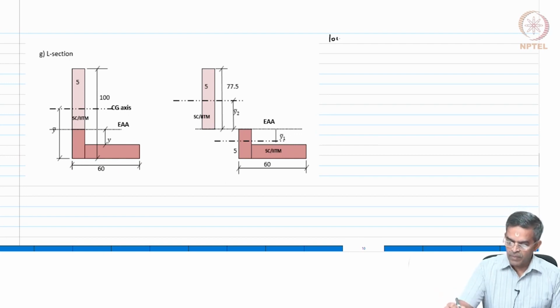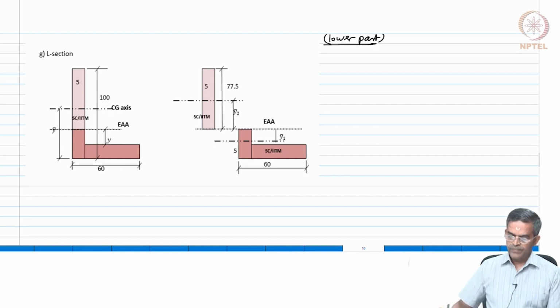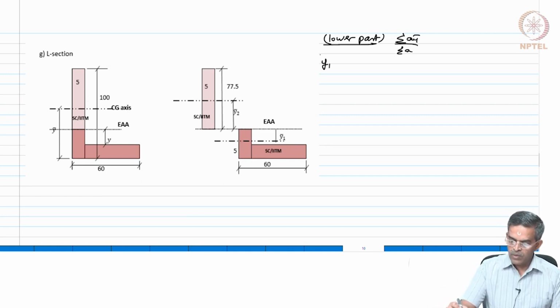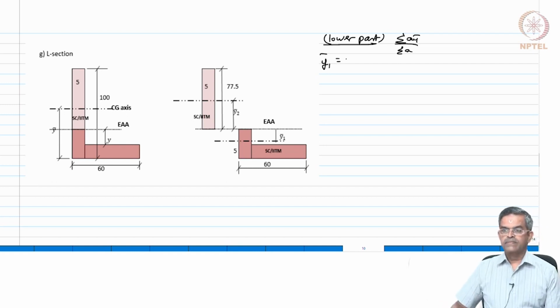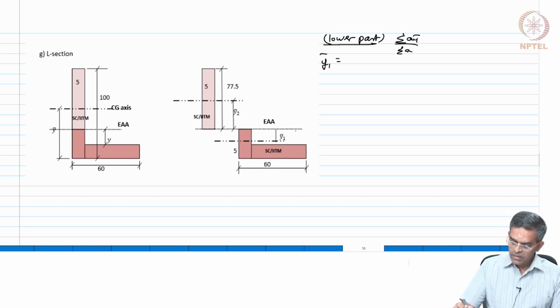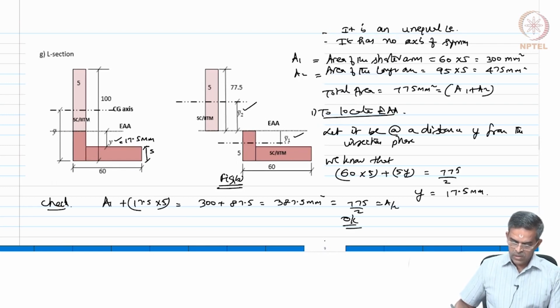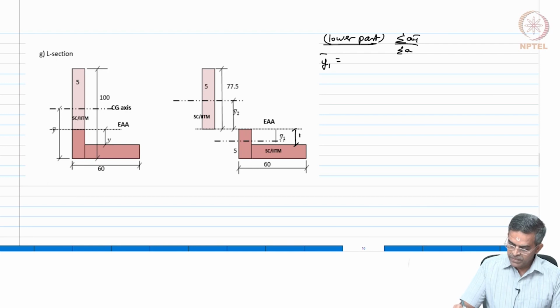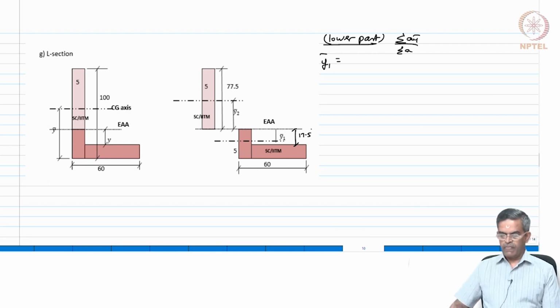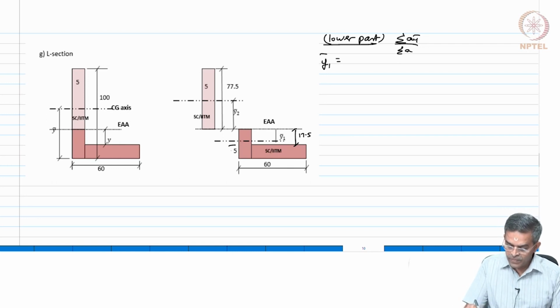Let us take the lower part. So, we will apply this equation sigma A y bar by sigma A. So, we get y1 bar as, remember this value was 17.5, am I right? And this is 5.